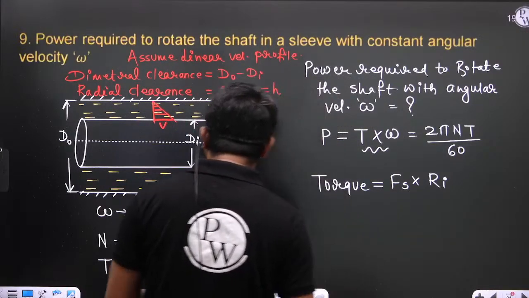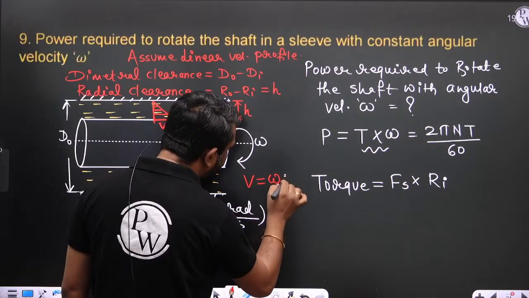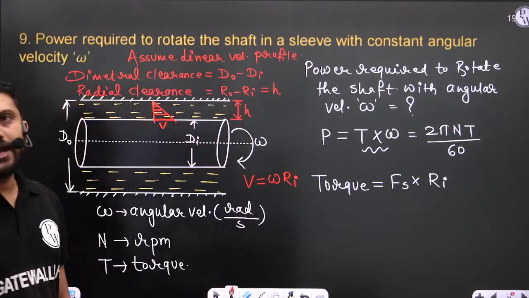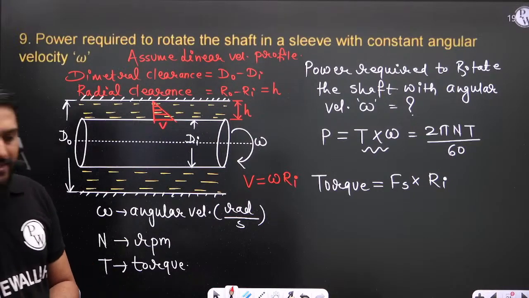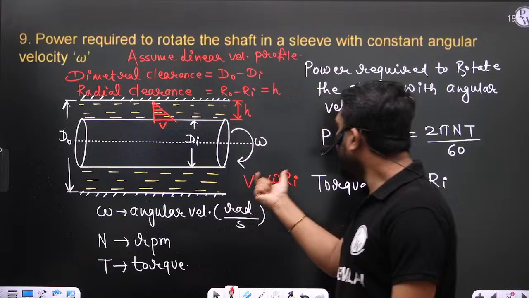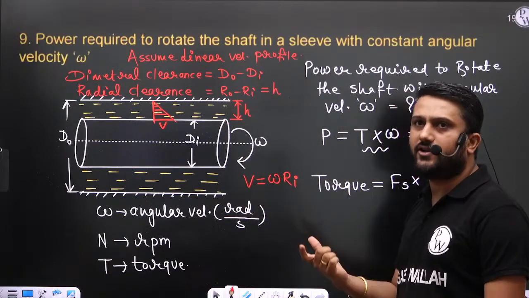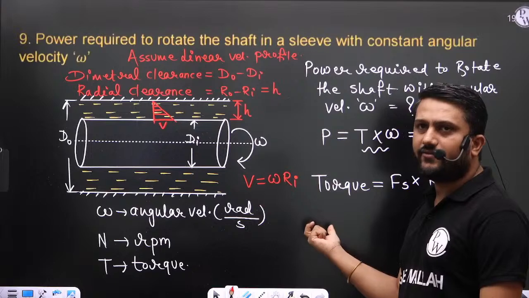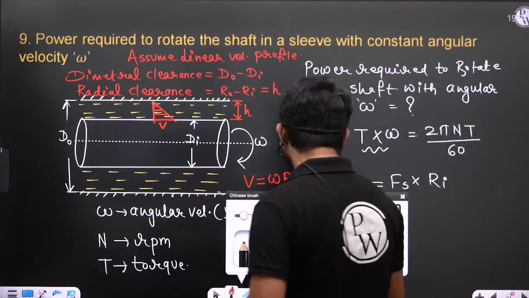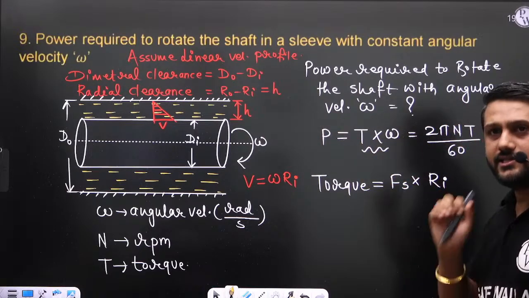Everyone knows v is equal to omega times ri, where ri is the radius of the shaft. This is the tangential or linear velocity, omega is the angular velocity, and the unit of v is meter per second.